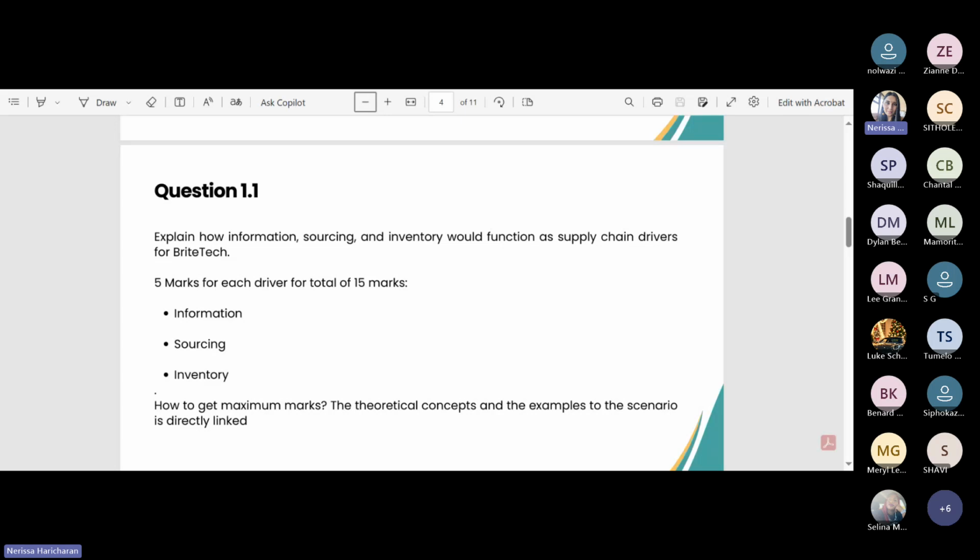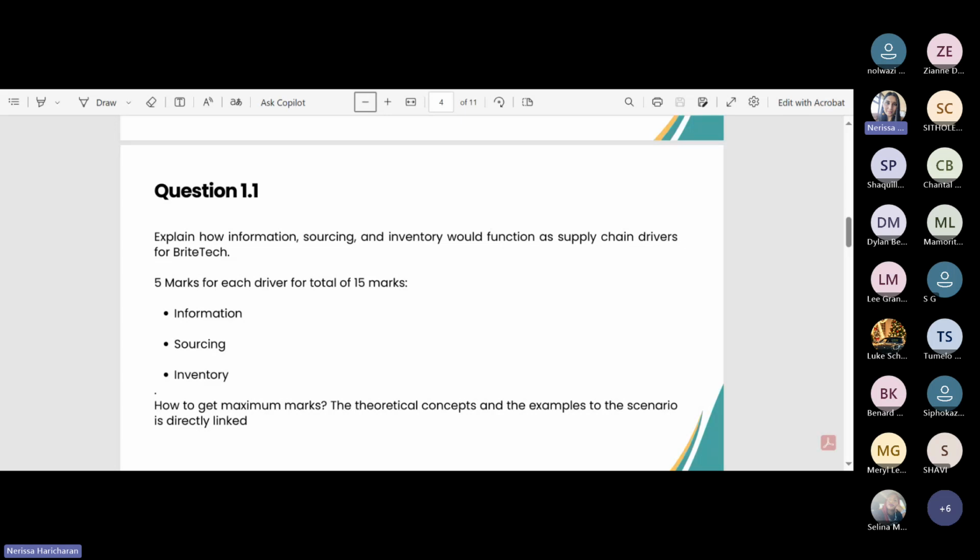Whether it is something that's a work in progress, whether it's maintenance, whether it's finished goods, anything that forms part of the supply chain from an inventory perspective, that's what you need to explain theoretically. So what I would say here, 5 marks for each driver, 2 marks is going to be speaking on theory, 3 marks is going to be speaking on application.